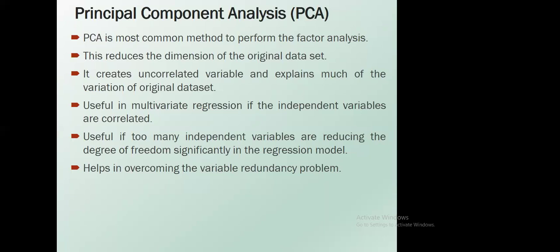So principal component analysis uses the concept of correlation to create the groups, the underlying factors which are present in your data. Okay, so we will be studying PCA, which is one method to perform factor analysis or to perform dimension reduction.